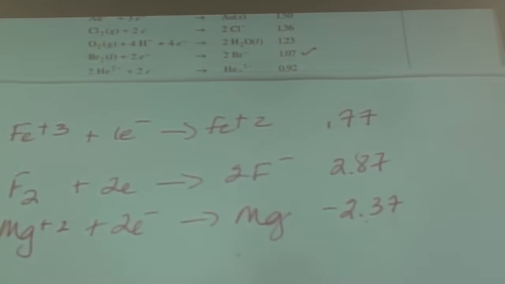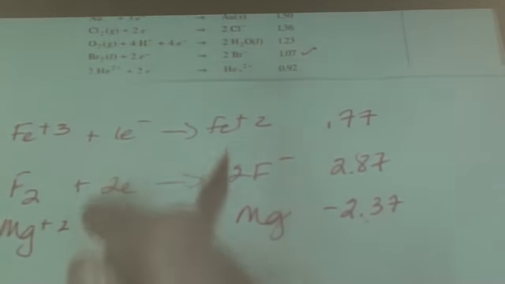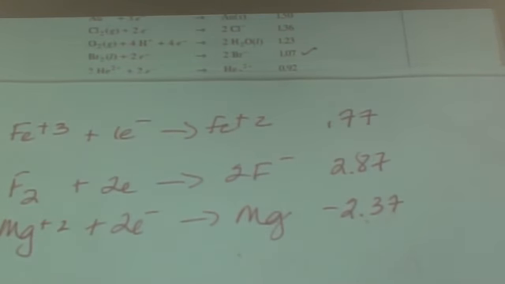So if I'm saying here, this is the reduction, correct? And it's acting as the oxidizing agent. Given these three things in a beaker, what is going to be oxidized? The other two. Yeah, the other two. In what order?